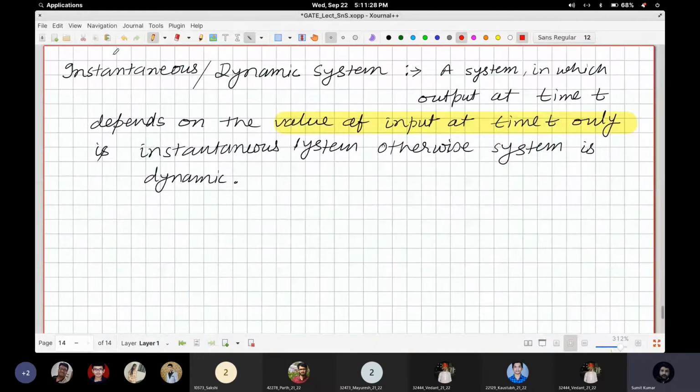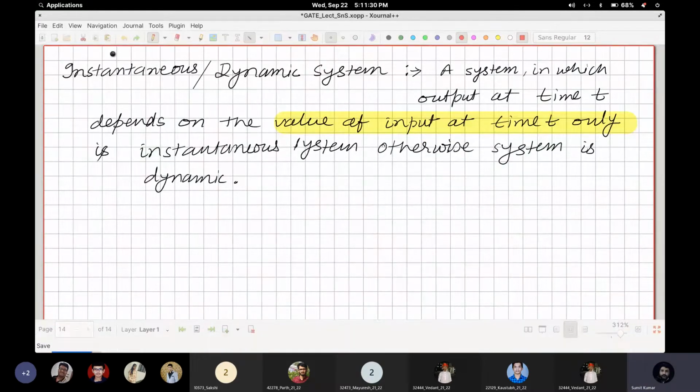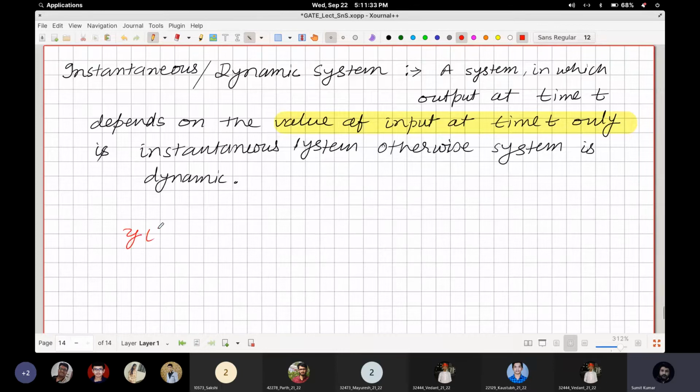So let's see some examples. It's quite easy to see actually. We have an output y of t which is sine of x of t. Whether this is instantaneous or dynamic: it's going to be instantaneous.